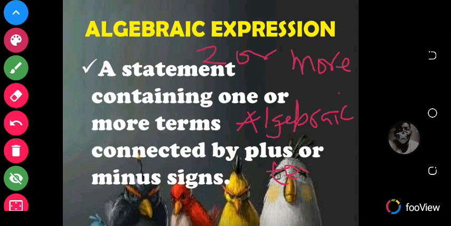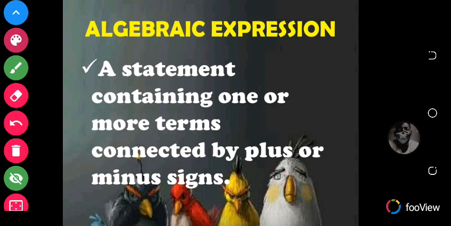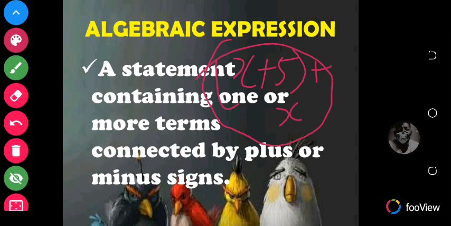This can be an algebraic term. This can also be an algebraic term. But when you have a series of them, for example, this is an algebraic expression. So it has two or more algebraic terms in there.